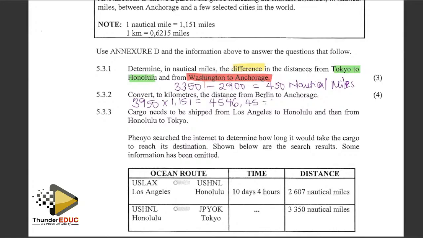So we shall divide by 0,6215. First change to miles, then miles to kilometers. That's what we are doing. That's what we did.